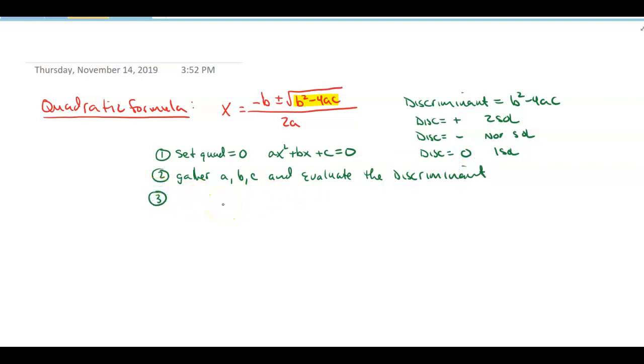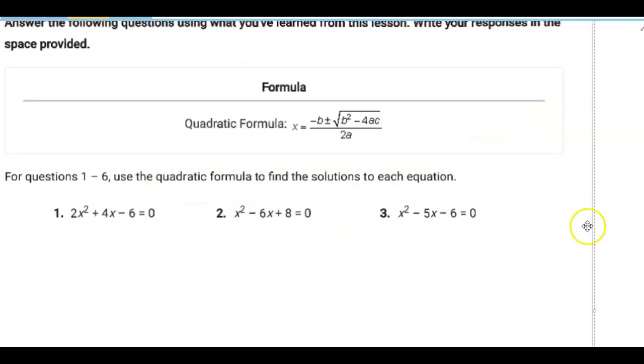Once you find a, b, and c and evaluate the discriminant, then you're basically going to evaluate the quadratic formula, which I rewrite as x equals the opposite of b plus or minus the square root of the discriminant all over 2 times a.